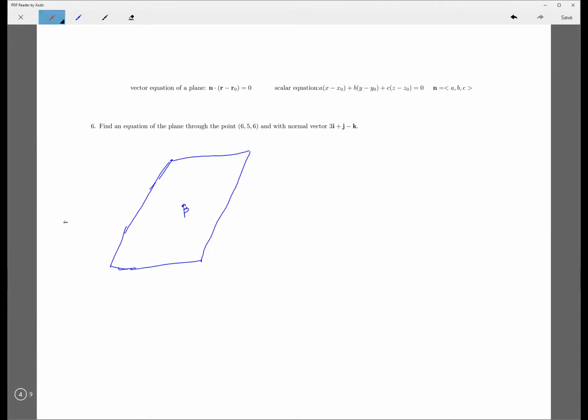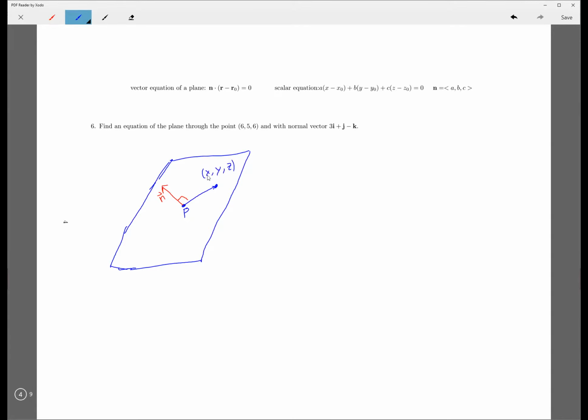Now, you have a normal vector to the plane. That's a normal vector right here. Now, if you have another point in the plane, and you draw the vector from P to that other point, we'll just call this a general point in the plane, X, Y, Z. It could be anywhere.